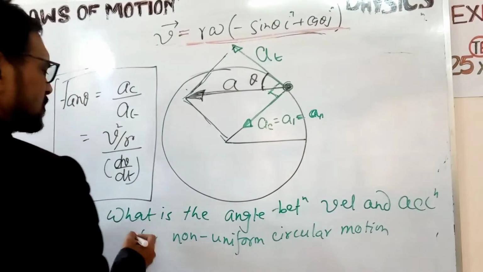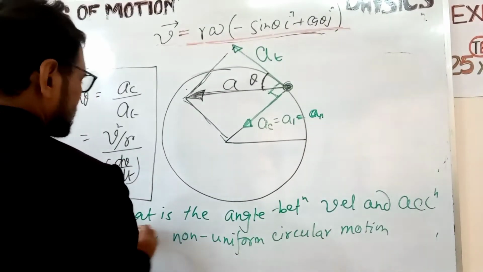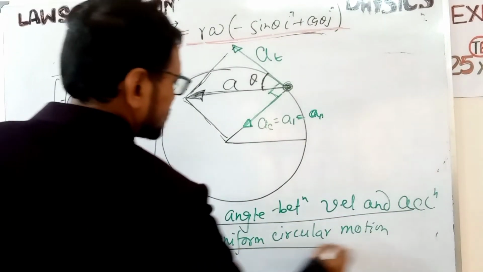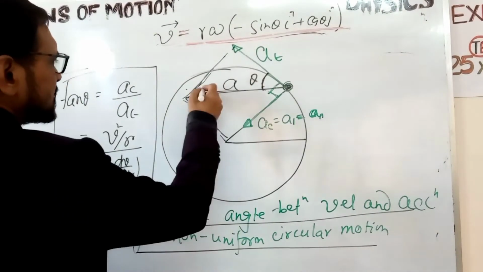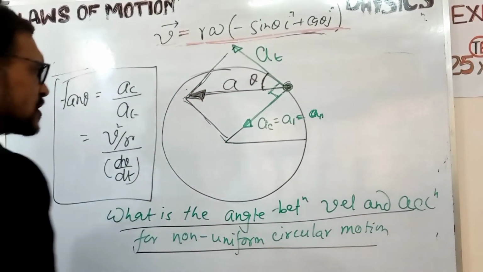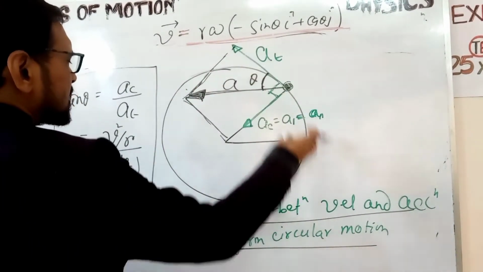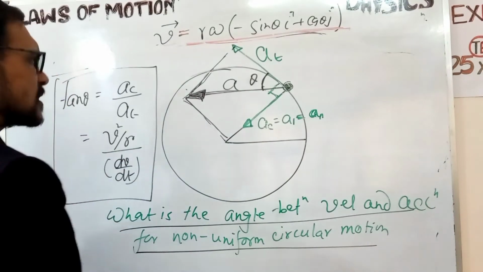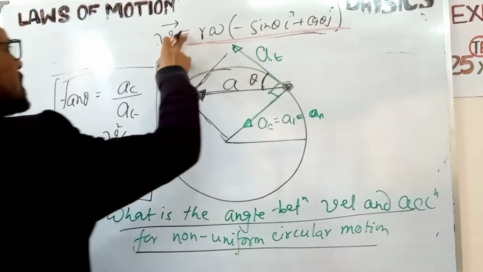Here the acceleration direction is this, and for a body rotating in a circular path, what is the direction of velocity? The direction of velocity is this.